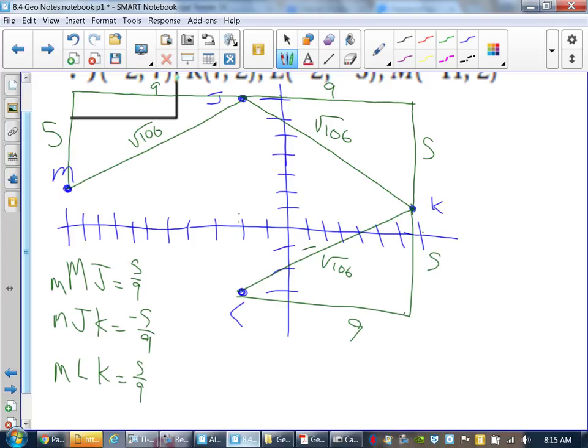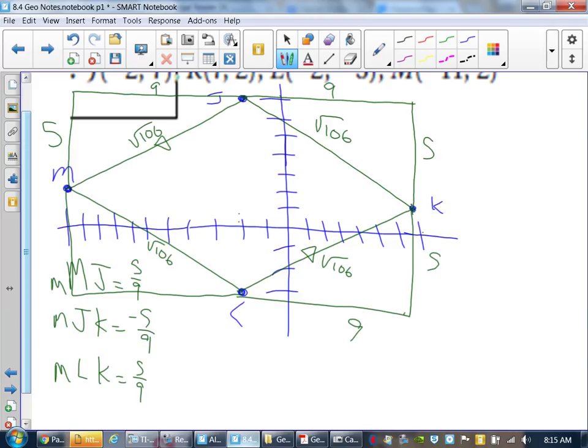So these two sides are parallel, and they're congruent. Well, hey, I bet you this is down 5 and over 9, which gives you another root 106, which means this is a rhombus. You get a rhombus out of this one.